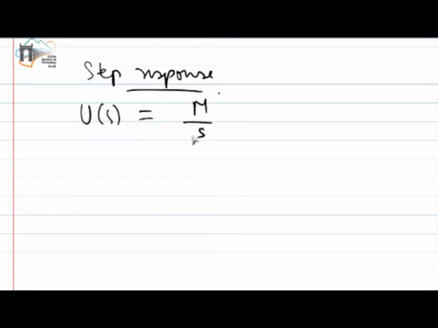Now see the step response. We have seen the transfer function of the step input is represented by M by s. So if I put this U(s) in the last equation, I would have Y(s).